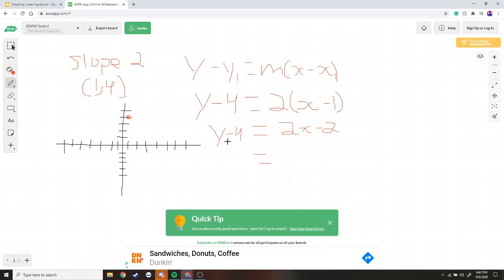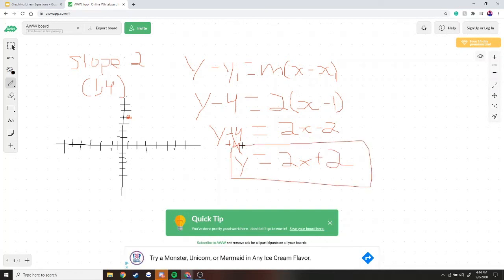And we're going to take away this negative 4 by adding 4 on both sides. So this cancels out, so we're left with y is equal to 2x minus 2, and then we added 4. So minus 2 plus 4 is just plus 2. So this would be our equation.